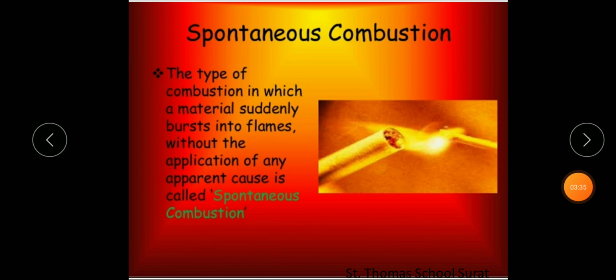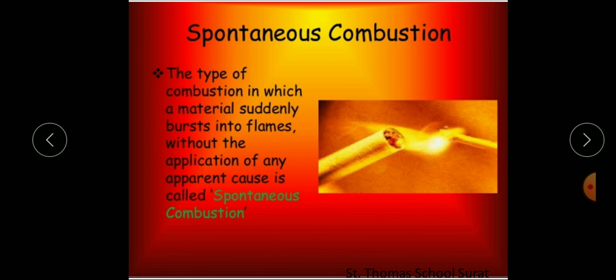So, what is spontaneous combustion, students? The type of combustion in which a material suddenly bursts into flames without any apparent cause is called spontaneous combustion.